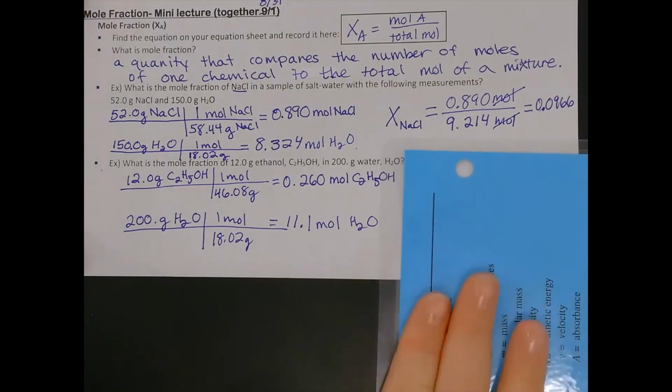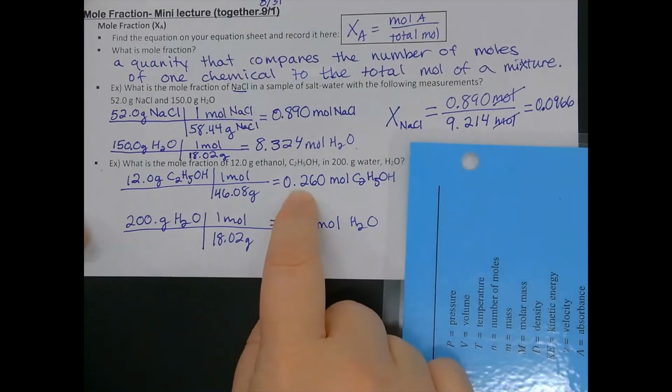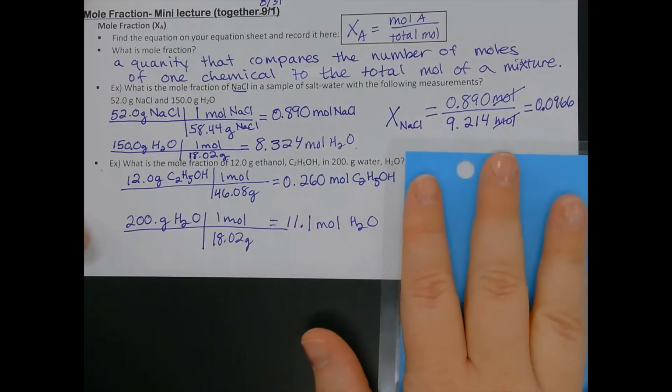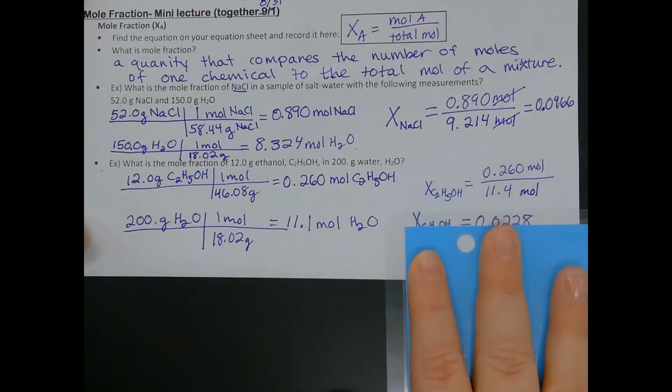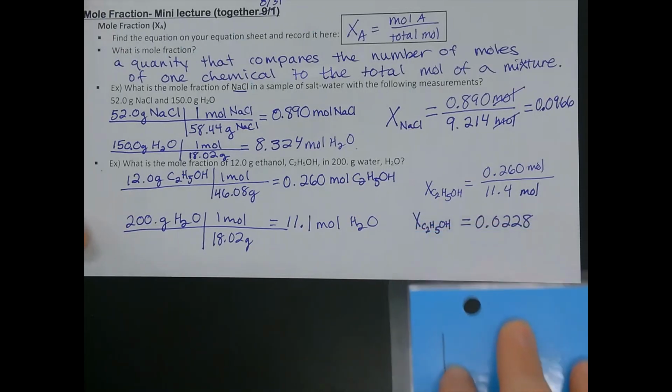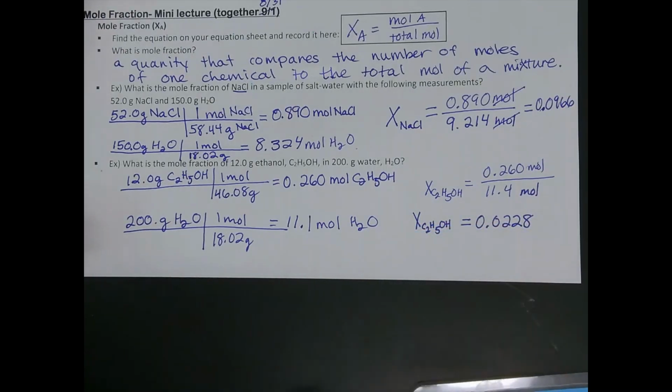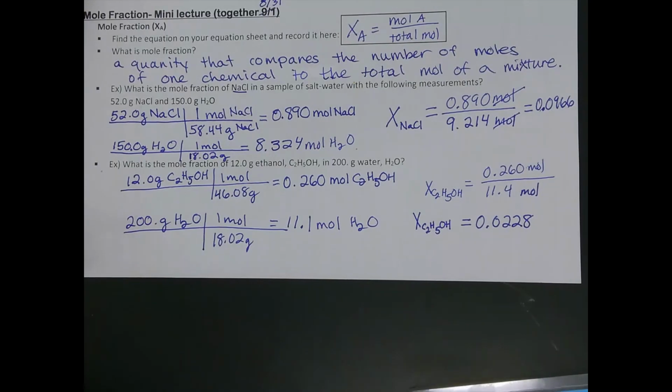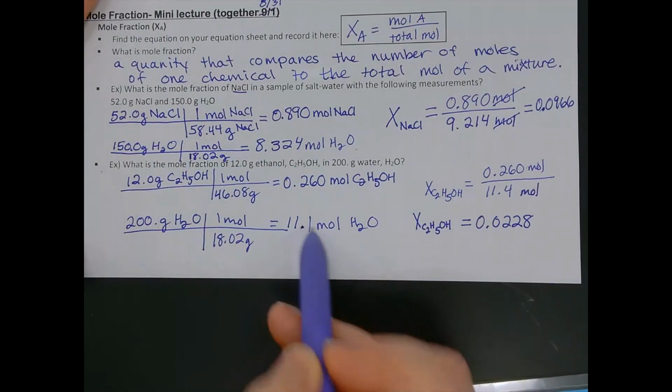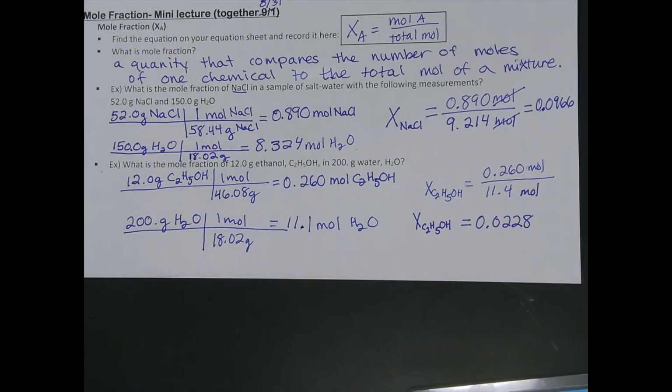All right, questions on that part? Okay. Did we find our mole fraction? Yeah. Okay, what is your numerator going to be? 0.260. What's your denominator going to be? 11.4, if we round it to significant figures. I know, when we add things, remember it's decimal places. I hate that rule.